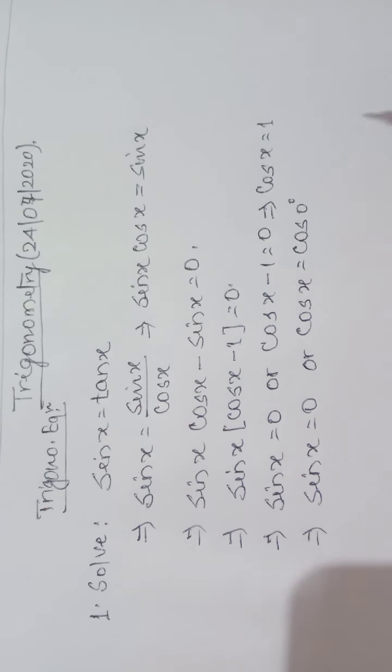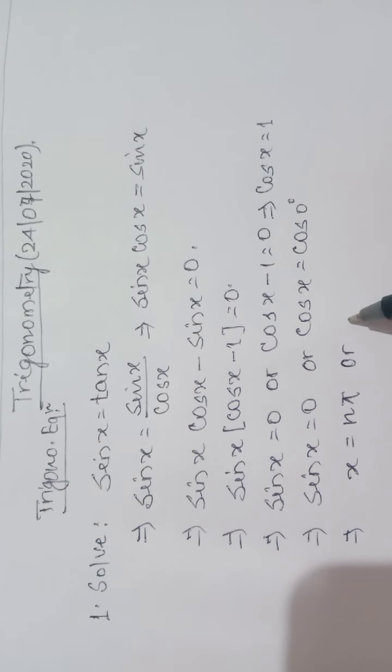You know cos 0 degree is 1 and cos 90 degree is 0. So the solution is sin x is equal to sin n pi, so x is equal to n pi, as we know from the formula, or cos x equal to cos 0 means x is equal to 2n pi plus minus 0 degree, that remains 2n pi.